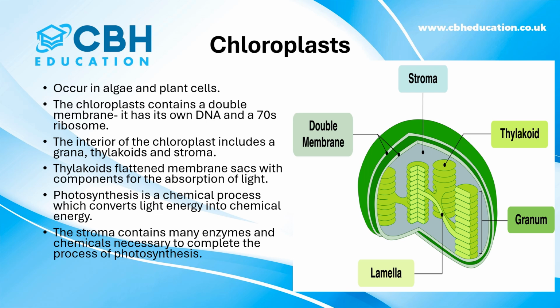Now, as we know, photosynthesis is a chemical process. It converts light energy into chemical energy. Now, the stroma contains many enzymes and chemicals necessary to complete the process of photosynthesis. And in section C1.3, we will go over photosystem 1 and photosystem 2 in greater detail.